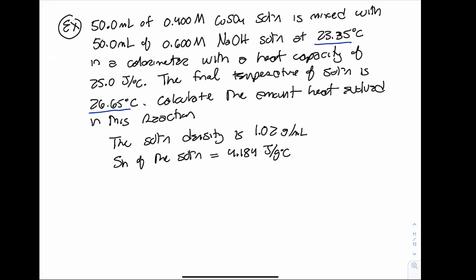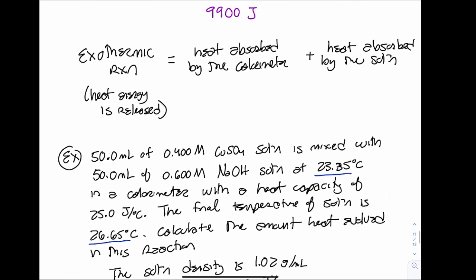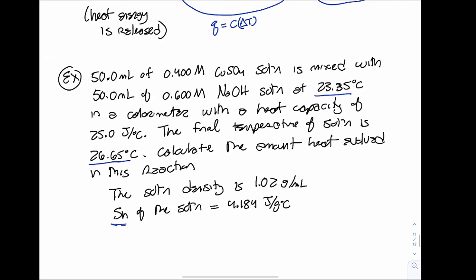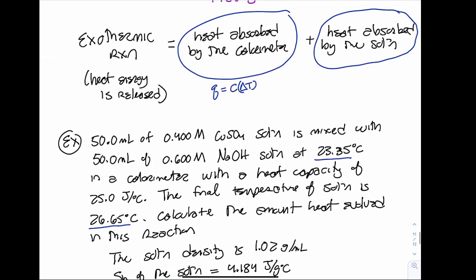So what we're going to have to do is this up here. I'm going to calculate the heat absorbed by the calorimeter. Since I'm given a heat capacity, I'm going to use that calculation that had heat capacity in it. So I'm going to take C, which is my heat capacity, and multiply it by my temperature change, and that's going to give me the heat absorbed by my calorimeter. The heat absorbed by my solution, since I'm given a specific heat for the solution, I'm going to use that equation.